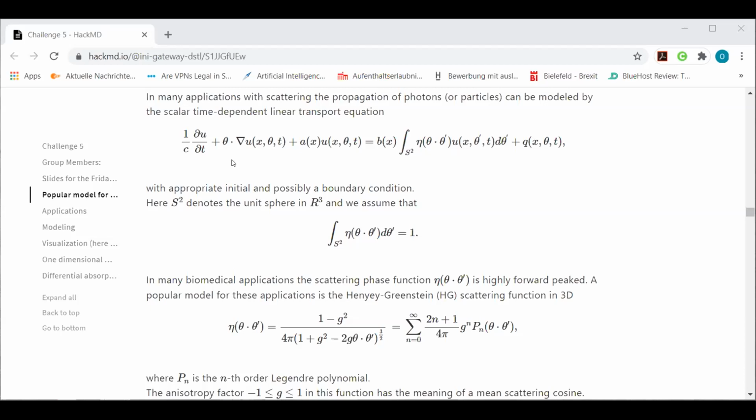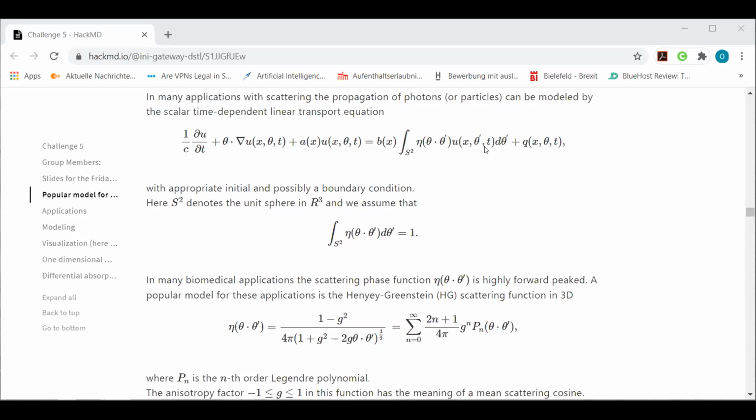Let me first explain the general structure of the equation. If you look at the equation, the first 2 terms on the left provide a transport term. The third term on the left is something like a dissipation or attenuation term. And on the right, you have some gain. So it's essentially a balance equation.